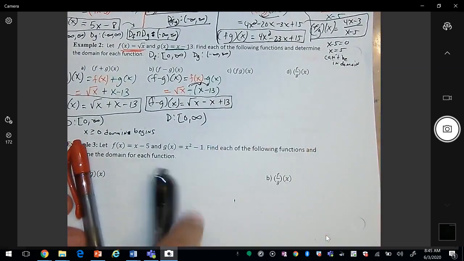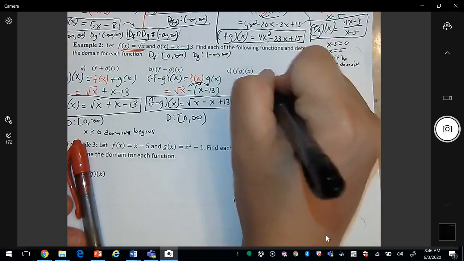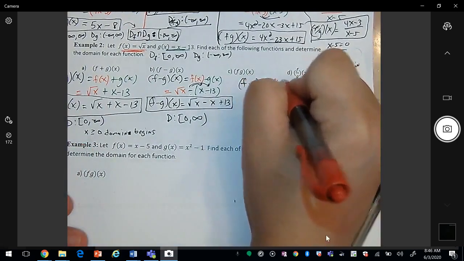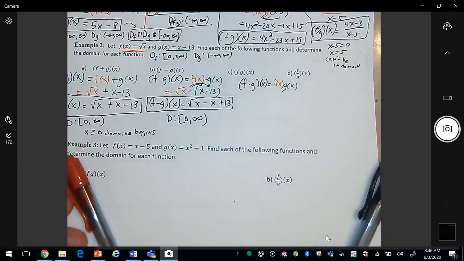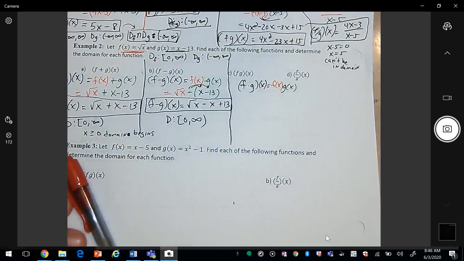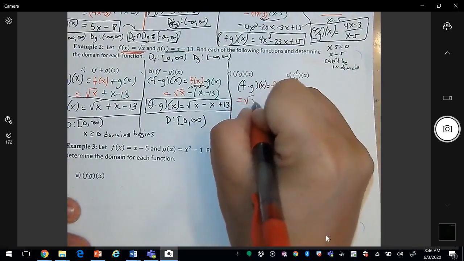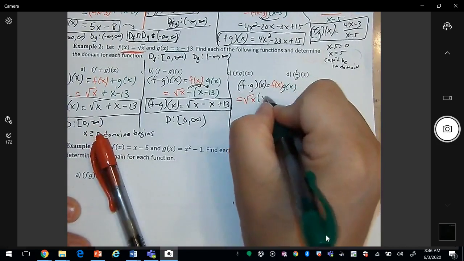Letter C, f times g of x is the same as f of x times g of x. So f of x is the square root of x times g of x.